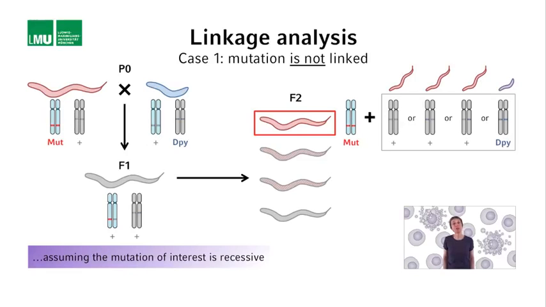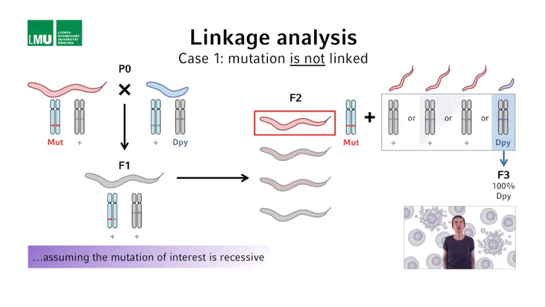About 25% of the animals in the F2 generation should be homozygous for your mutation. You then pick those clonally and check their F3 progeny. If your mutation is not linked to chromosome 1, but is located on one of the other chromosomes, then 25% of the animals that you picked should also be homozygous for the DUMP5 mutation and therefore give rise to 100% DUMP progeny.